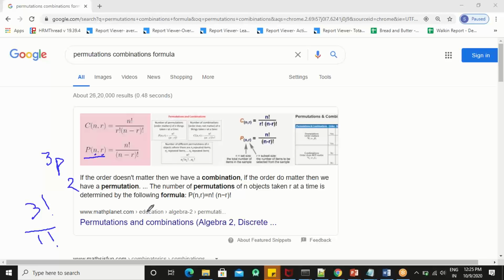And the output: 3 factorial is 3 multiplied by 2 multiplied by 1, upon 1 factorial, which is 1. So the output is 6, right? Yeah, perfect.